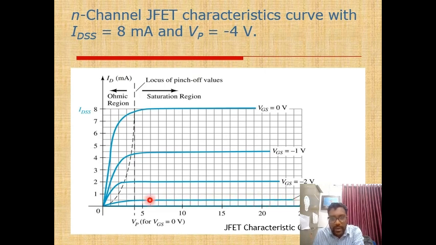So we have not applied any negative gate voltage between the gate and source terminals. Now first we will not increase the VDS value; what we will do is change the VGS value by some amount. Here, as per the graph, it is taken as -2 volt.